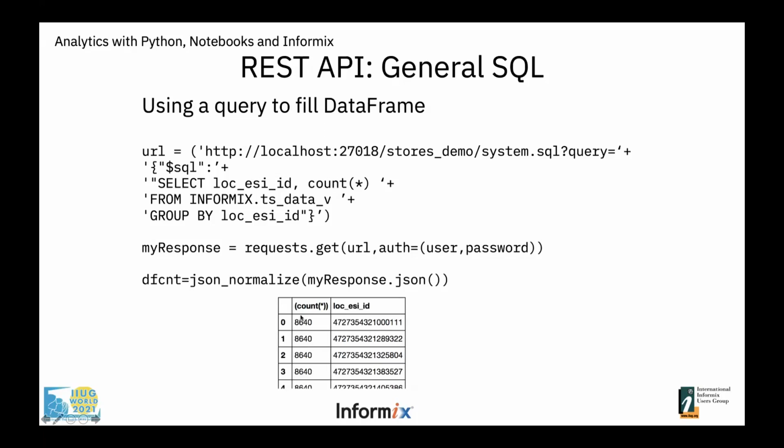You also see that you get by default column names in your data frame. For instance, of course, if you are giving a specific column, it's just the name of that column.